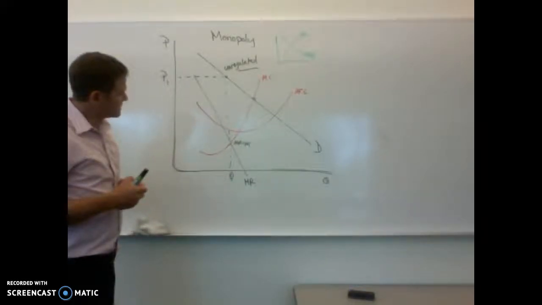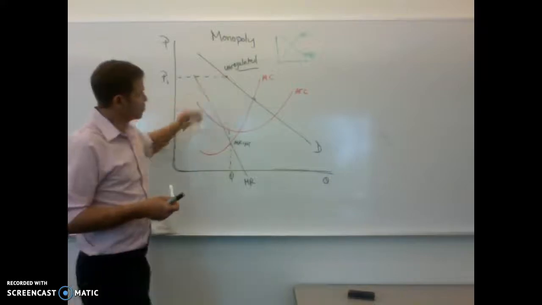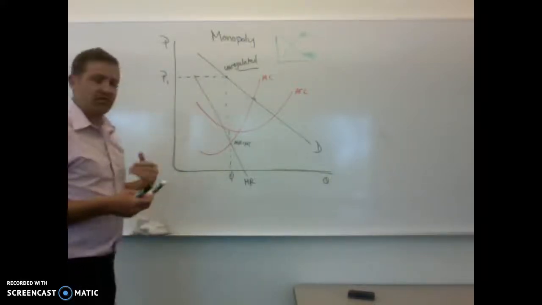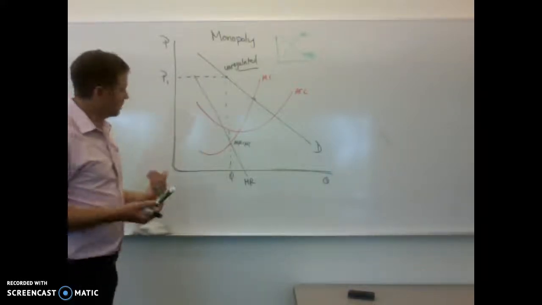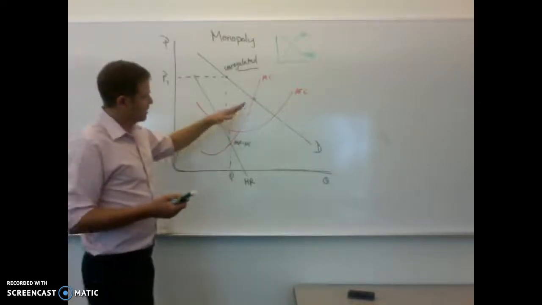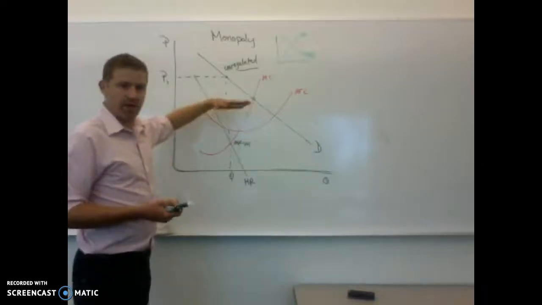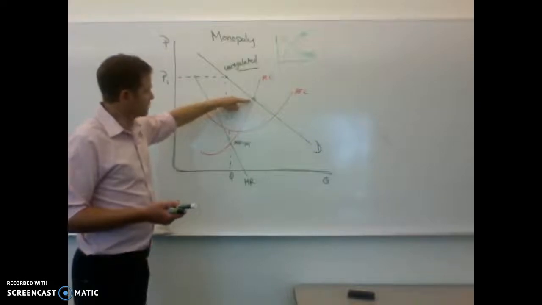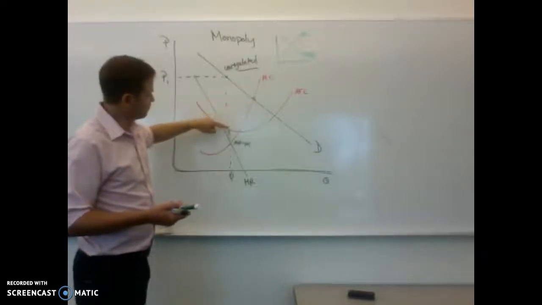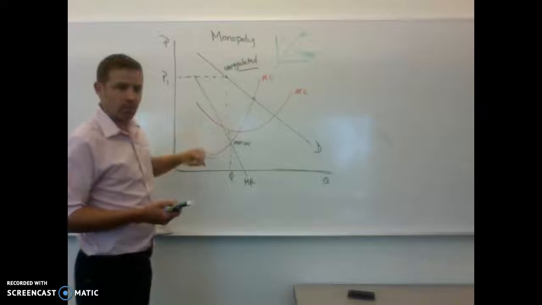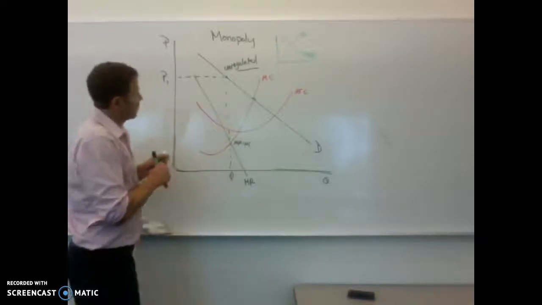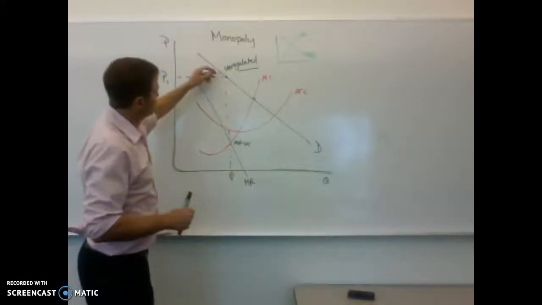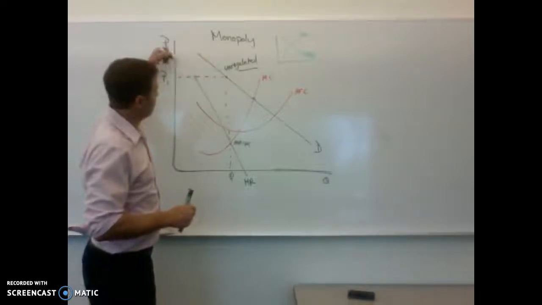So what do we actually see here when you're charging up here? We have the creation of deadweight loss. In a perfect market, the equilibrium is right here, but this firm is producing less and charging more, right? So in this situation, the consumer surplus is only up here.